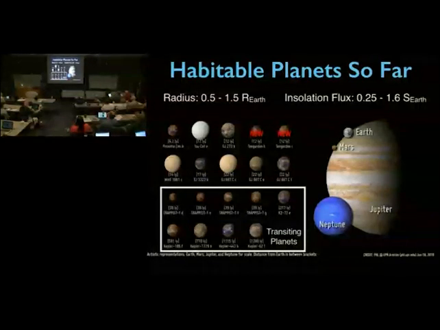So these here at the bottom are the transiting planets. I'm going to just overview a couple of these transiting systems that are very exciting and spark a lot of press and a lot of excitement. And hopefully SETI is targeting these planets as well.